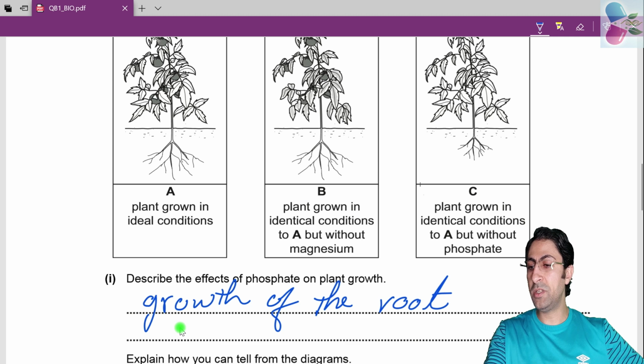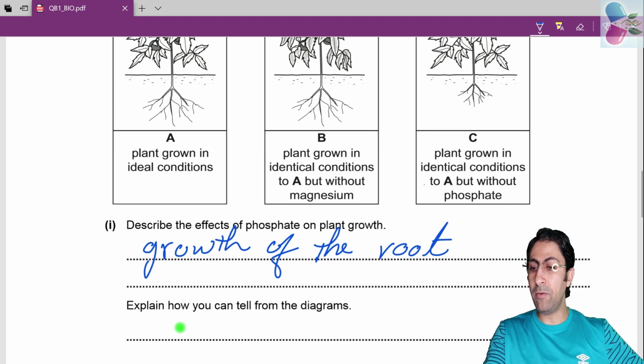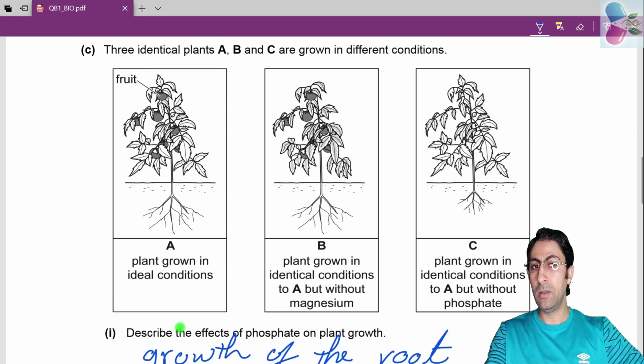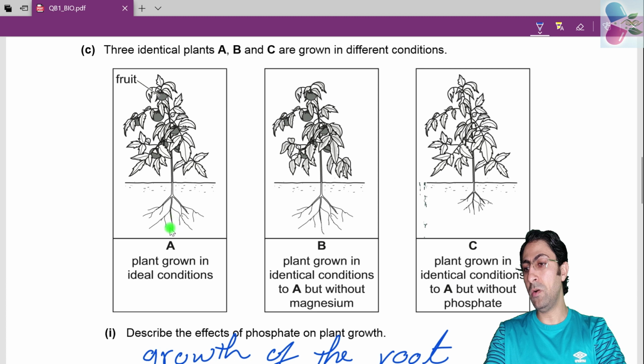Okay, if you proceed to explain how you can tell from the diagram. If we look here in the diagram, it's very clear that plant A as well as plant B show a proper growth of the root, but plant C, that lacks phosphate, shows a poor growth of the root. That's why.